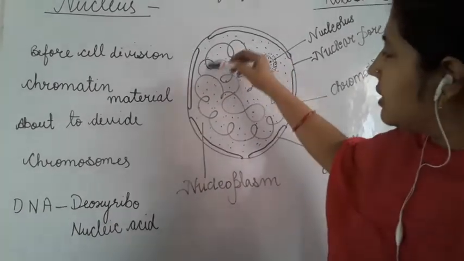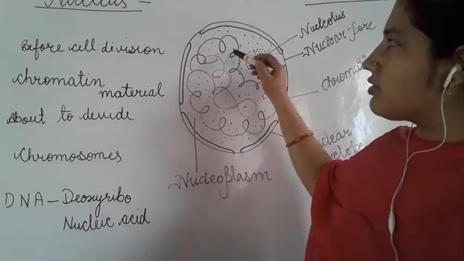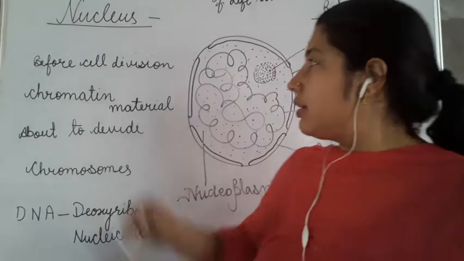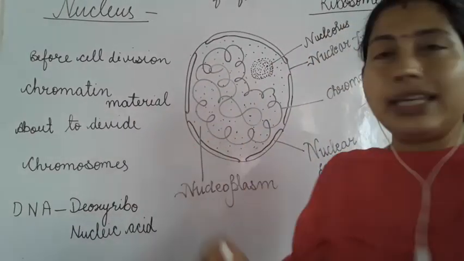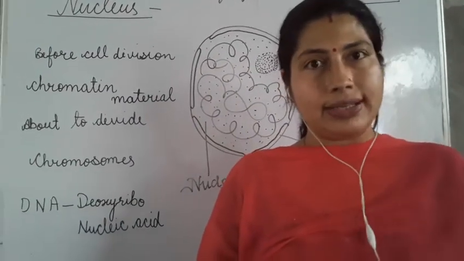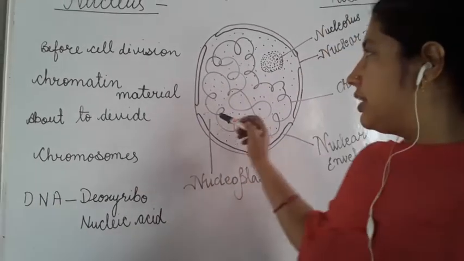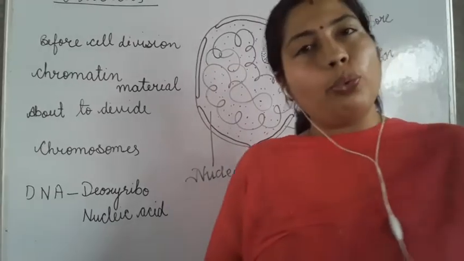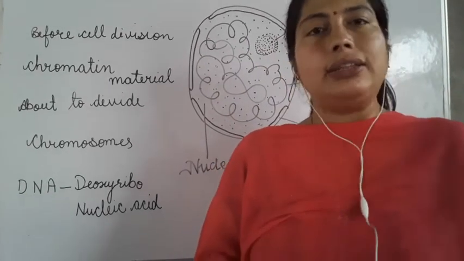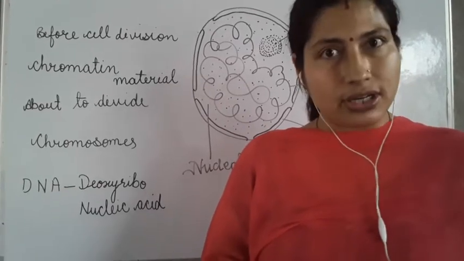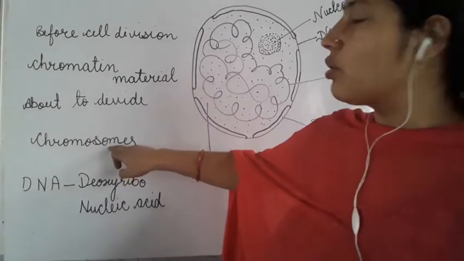And these thread-like structures are chromatin fibers. These chromatin fibers are present in the cell before cell division. But when the cell is about to divide, these chromatin fibers get condensed and form a rod-shaped structure which is called chromosomes.